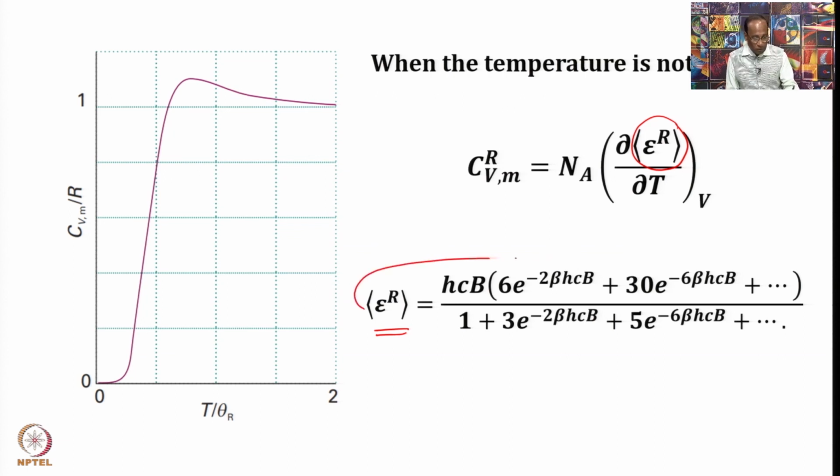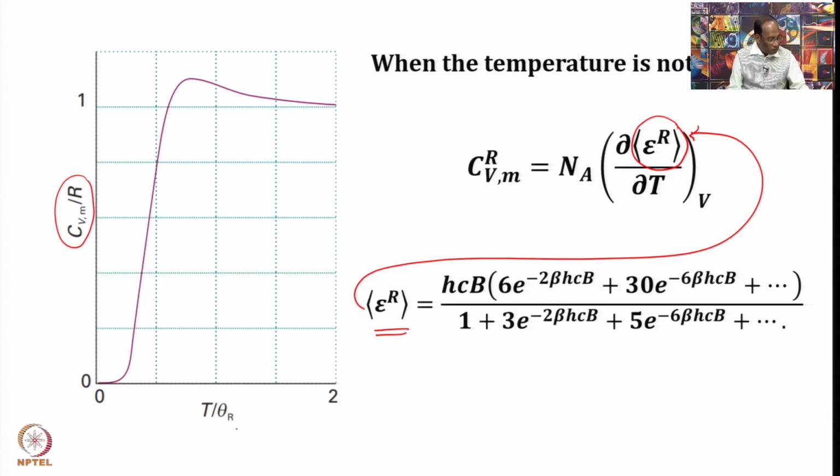Once you substitute this expression here, you will get a complicated equation for CVM, and when you plot CVM by R versus temperature T by theta R, the limiting value, when the temperature is so high that it is much higher than theta R, approaches 1, that is CVM is equal to R.